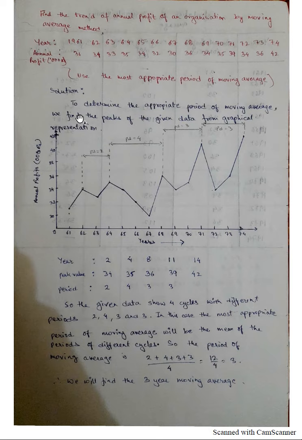To determine the appropriate period of moving average, we find the peaks of the given data from the graphical representation. So we just plot this data graphically. The years that are given here, we plot on the horizontal axis, and the annual profit we plot on the vertical axis.